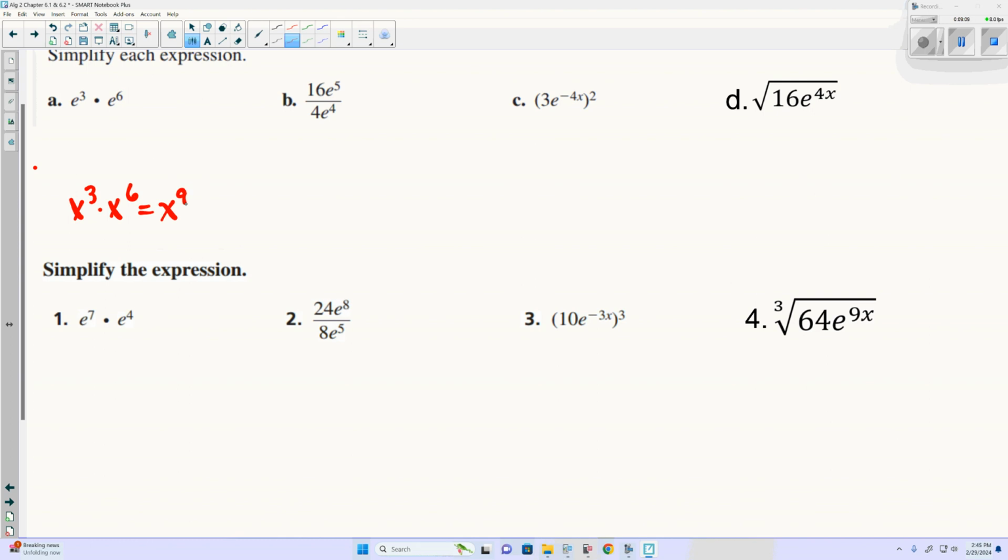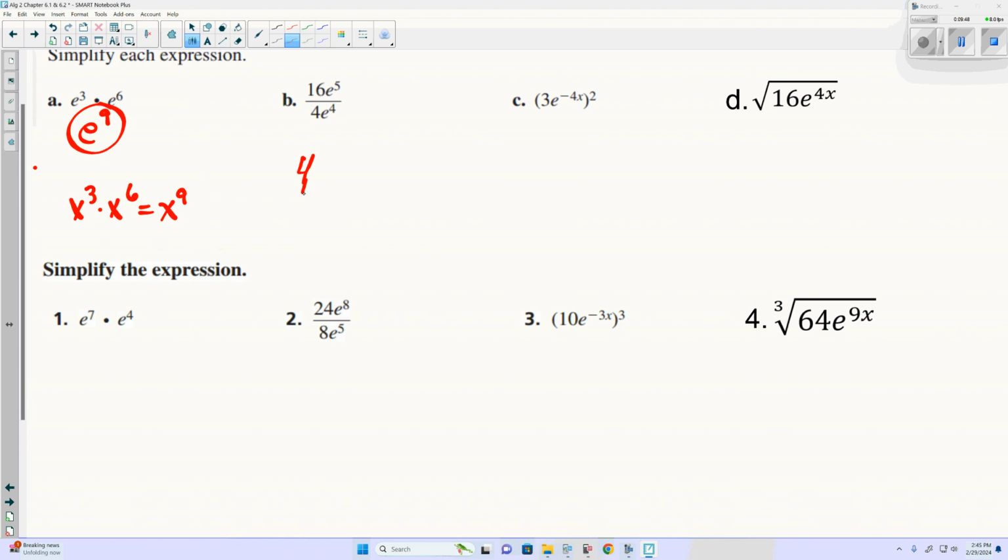Now, if we look back at the top, e to the 3rd times e to the 6th would be what? e to the 9th, yeah, because we can treat it almost like a variable. So if they act pretty much like variables, if we look at B, 16e to the 5th over 4e to the 4th, well, 16 over 4 is what? 4.